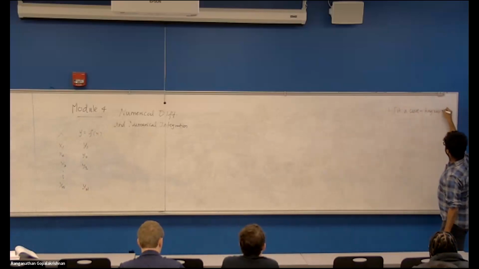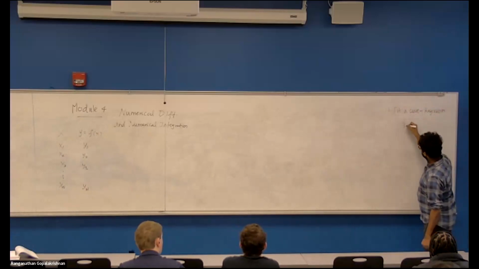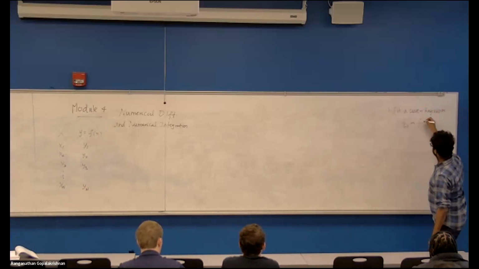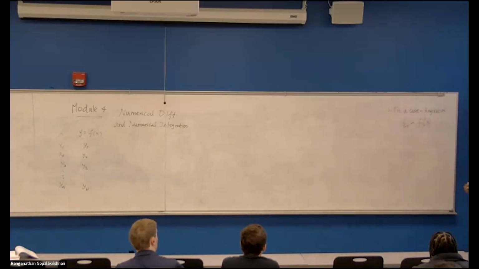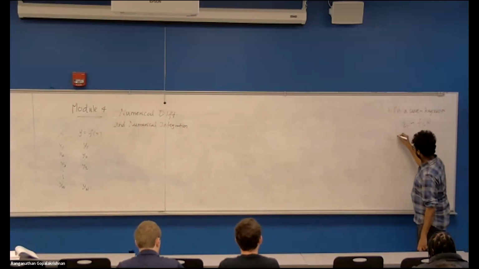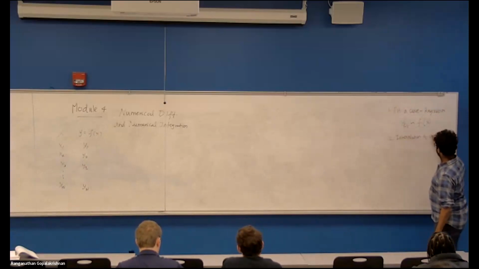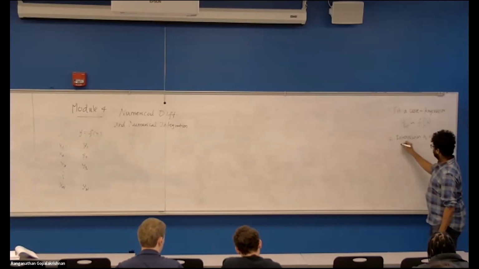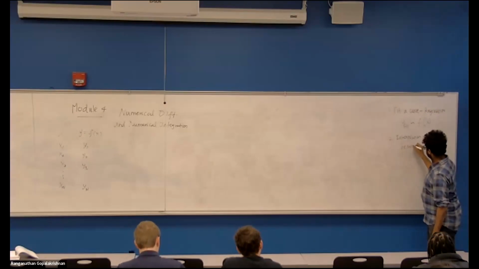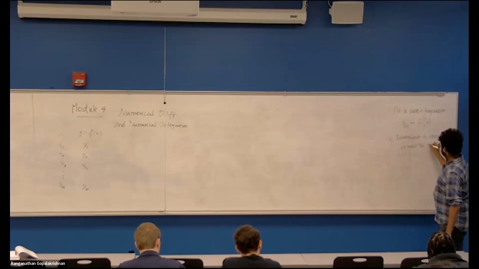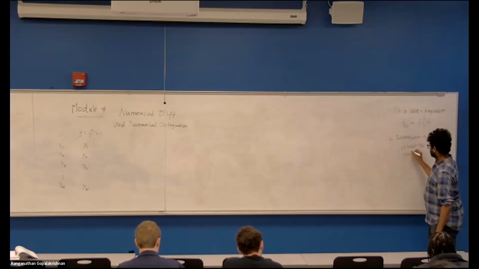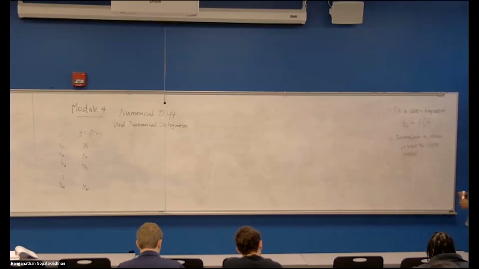So you try to come up with y fit, which is a good estimate for the function underlying the data. Number 2, interpolation of values between the points provided, just to keep it in perspective for you.